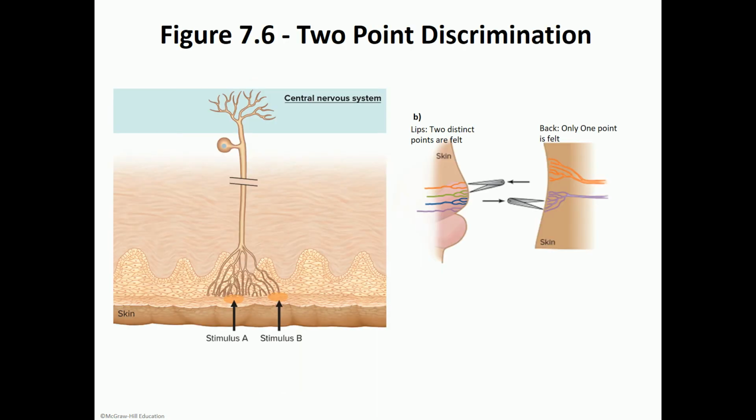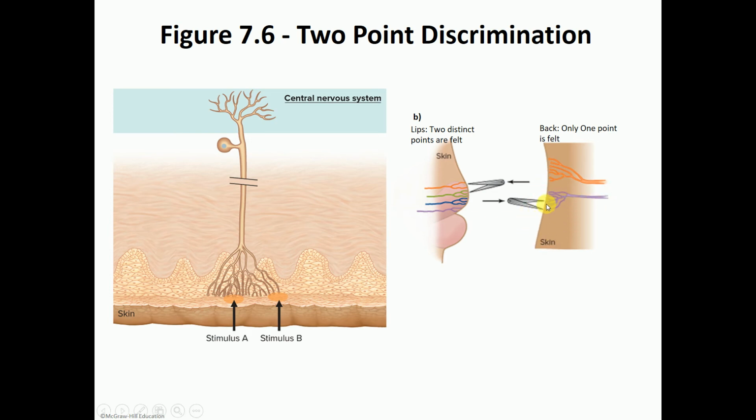And that's what we mentioned a while ago, the fact of 2-point discrimination. And that means the ability to discriminate between 2 points when they're stimulated at the same time. So in areas of the body where you really do not need that 2-point discrimination, the sensory neurons innervate larger parts of the skin.